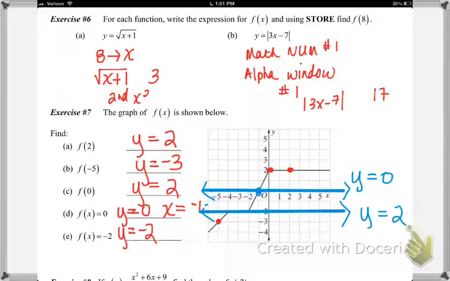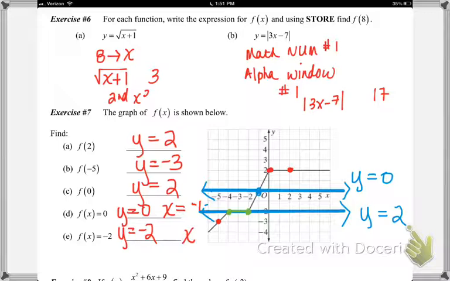And if you look at your graph, there's an interval that intersects y equals negative 2. This interval there is where y is equal to negative 2.